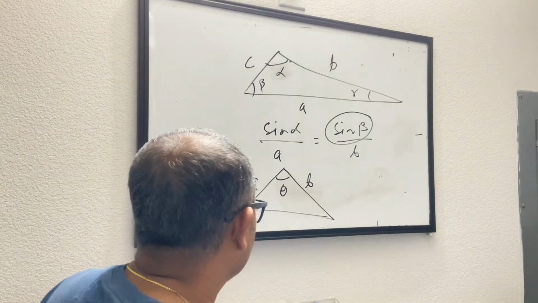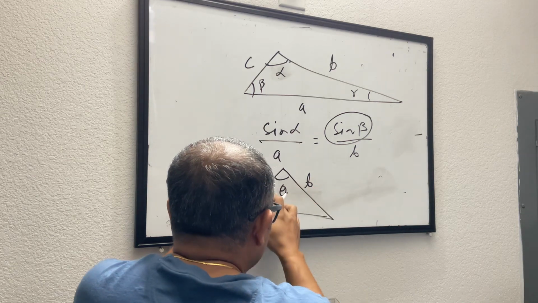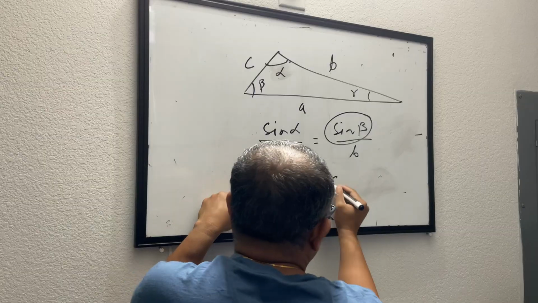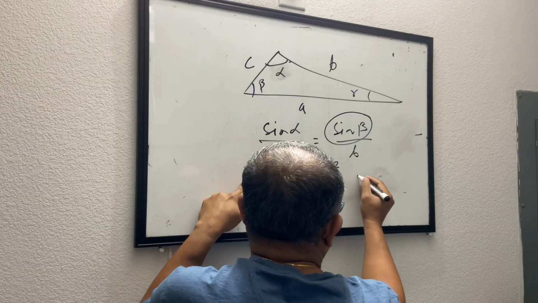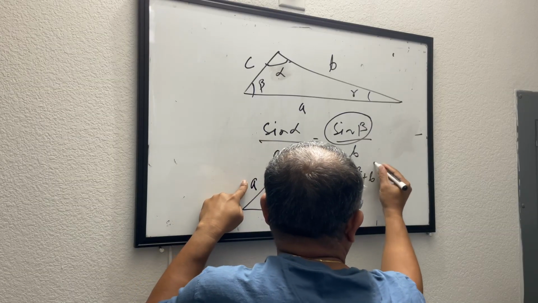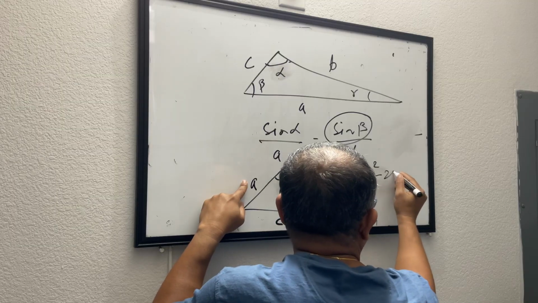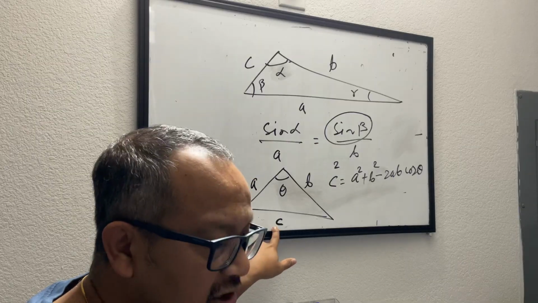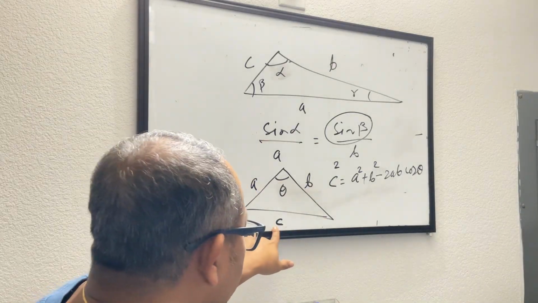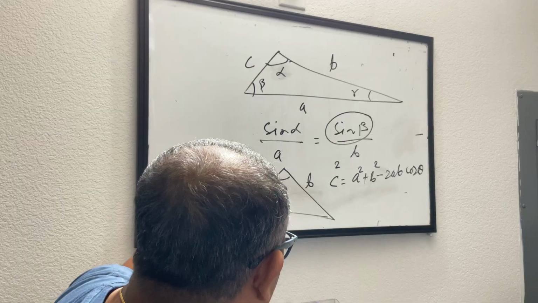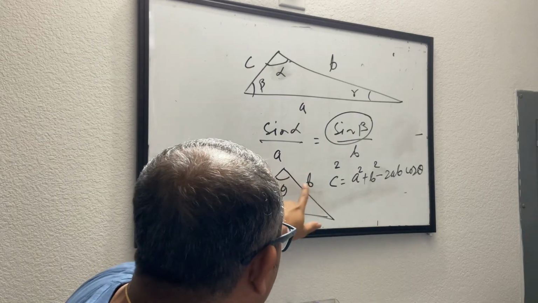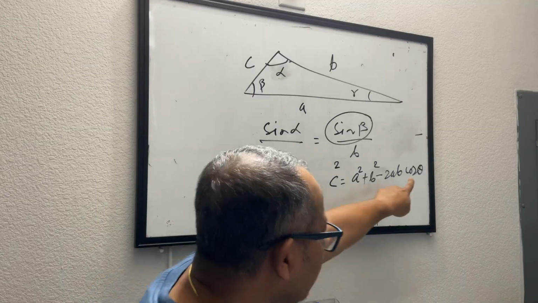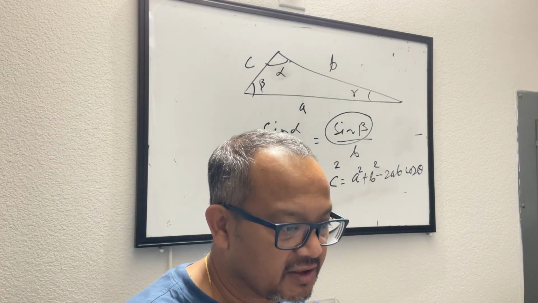It says that if you have two sides and the angle between them, you can find the third side, C. C square is equal to A square plus B square minus 2AB cos theta. Meaning the square of the unknown third side equals the square of this side plus the square of this side, minus 2 times this side and this side times cos of theta. So this is your law of cosine.